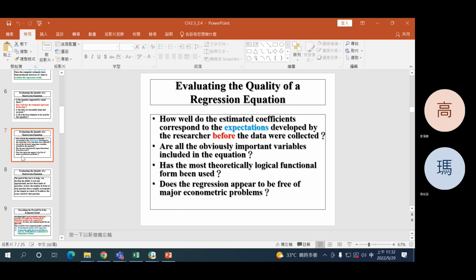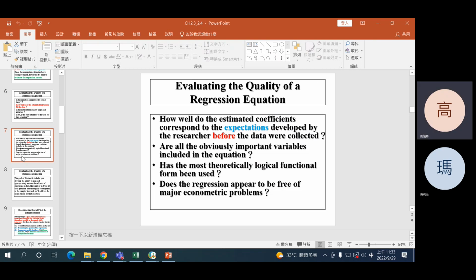And the other question is, how well do the estimated coefficients correspond to the expectations developed by the researchers before the data were collected? And are all obviously important variables included in the equation? It means, are all those important X variables included in this model?